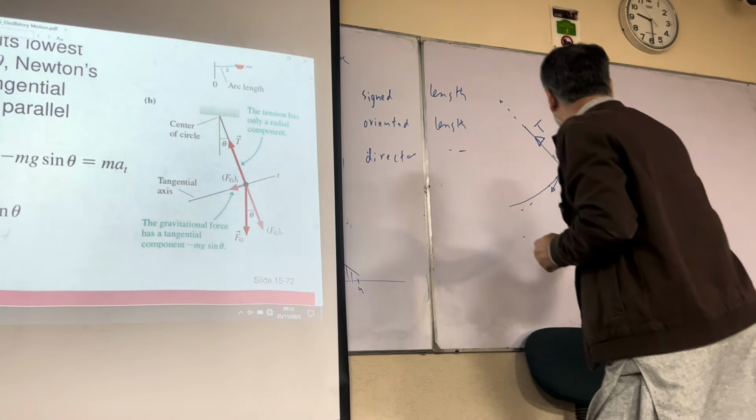Because x and theta, s and theta, they behave like x. So the more the value of s, the more the value of theta, the more the value of potential energy. And if it reaches that point where theta is 0 or s is 0, then the potential energy is 0. You can say, oh, the earth is still actually pulling it. So why is the potential energy 0? The earth is pulling it, yes.